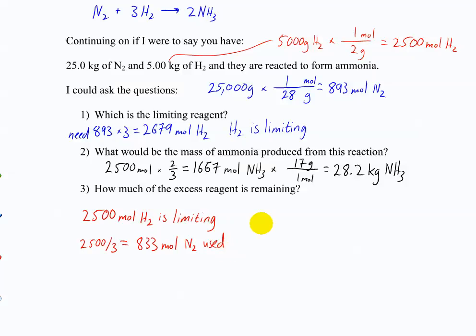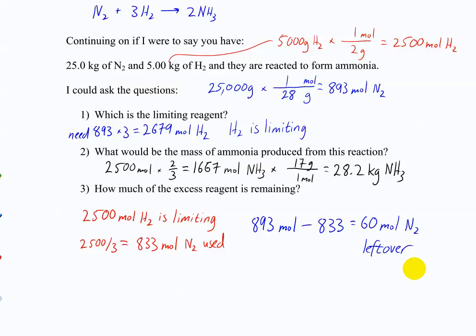So then 893 moles is what we started with, minus that 833 gives us 60 moles of nitrogen left over. That's the nitrogen that wasn't used.